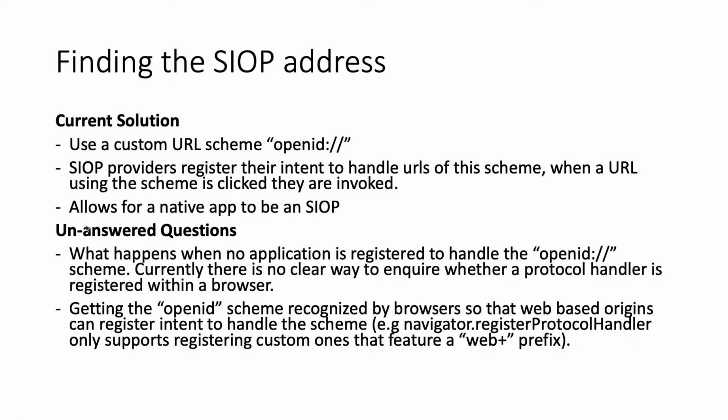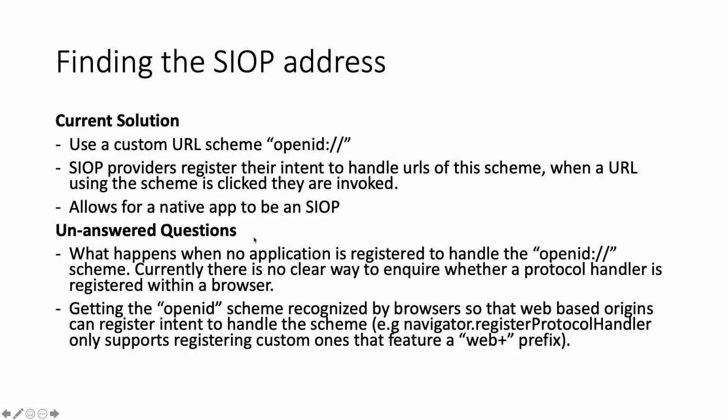The unanswered questions around this approach for me at this stage is what happens when there are no applications registered to handle this scheme. Currently in a browser, there's no way to inquire about whether or not a protocol handler is registered within a browser.